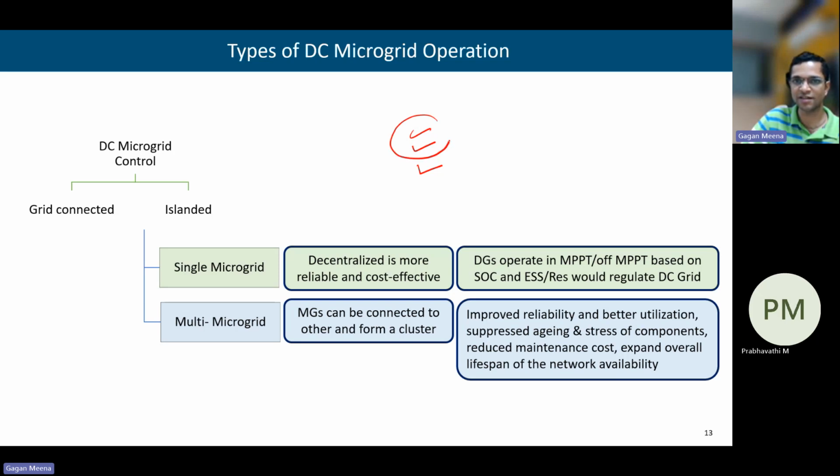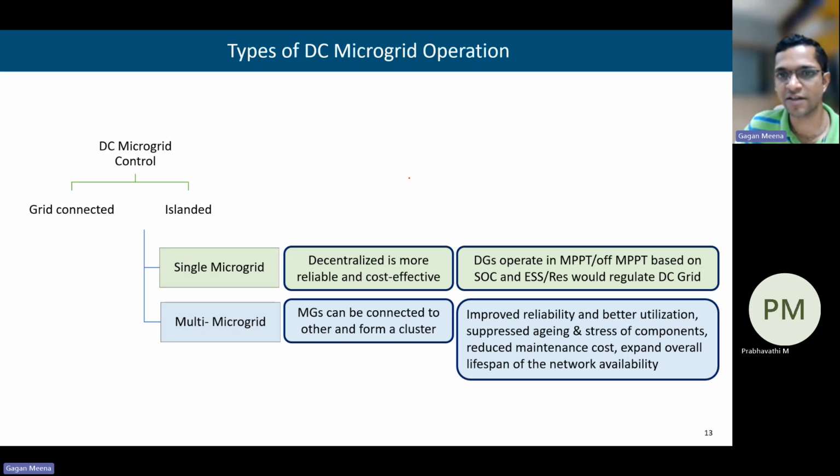Centralized and decentralized are the two extremes, and the distributed combines the advantages of each of these to give a more reliable control algorithm solution. The decentralized is more reliable and cost effective here. And in this case, what will happen?